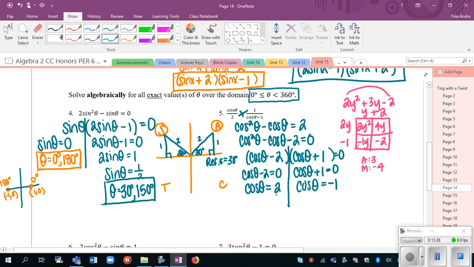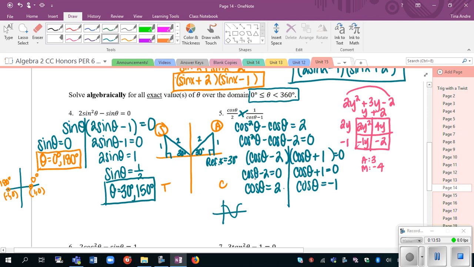So cosine theta equals 2. This can never happen. If you think about it, I think the graph is probably the easiest way to think about this. When you're looking at your cosine curve, it starts up at 1 and it goes down to -1, back up to 1, and then it just continues. It will never go up to 2 unless we have a shift or the amplitude's different.